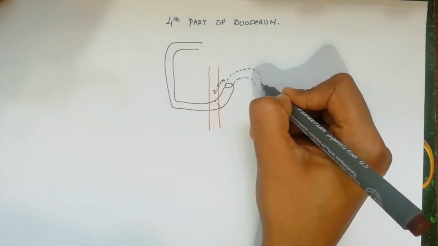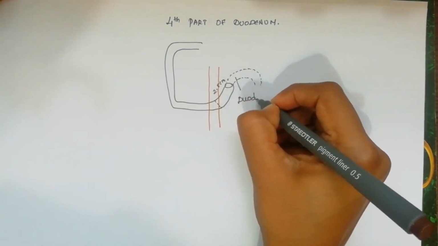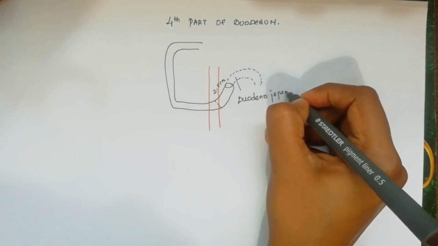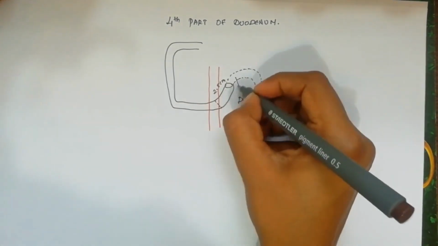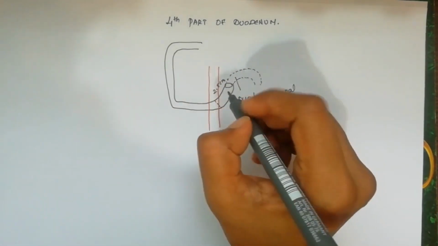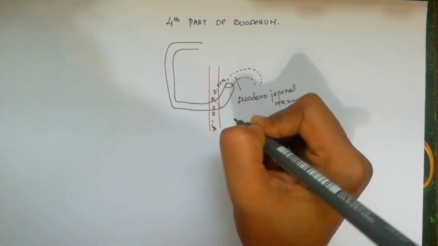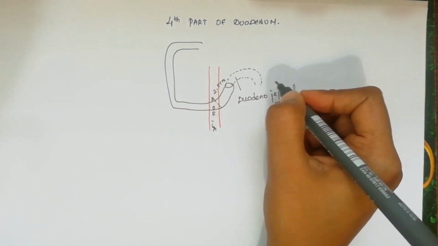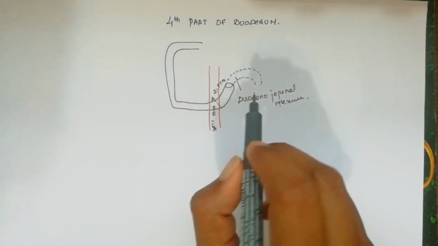So duodenum is going to continue as jejunum, and this flexure is called as duodenojejunal flexure. So this is the extent of the fourth part of duodenum from the aorta. So here we have got aorta. From the aorta till the duodenojejunal flexure, we have got the extent of fourth part of duodenum.